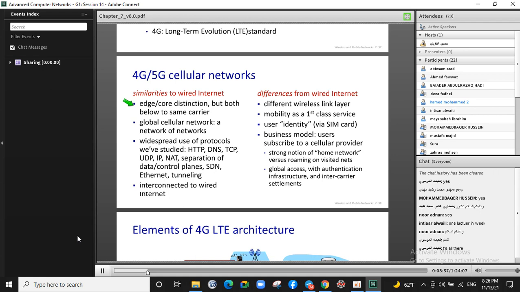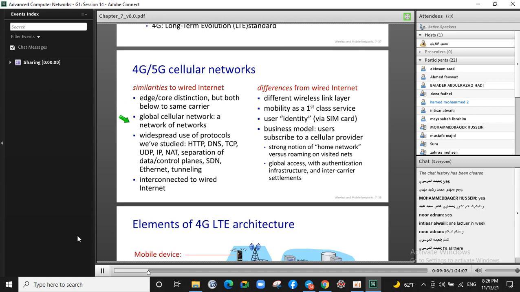Okay, and also we can see that the global cellular network is a part of today's internet. It consists of a network of networks.